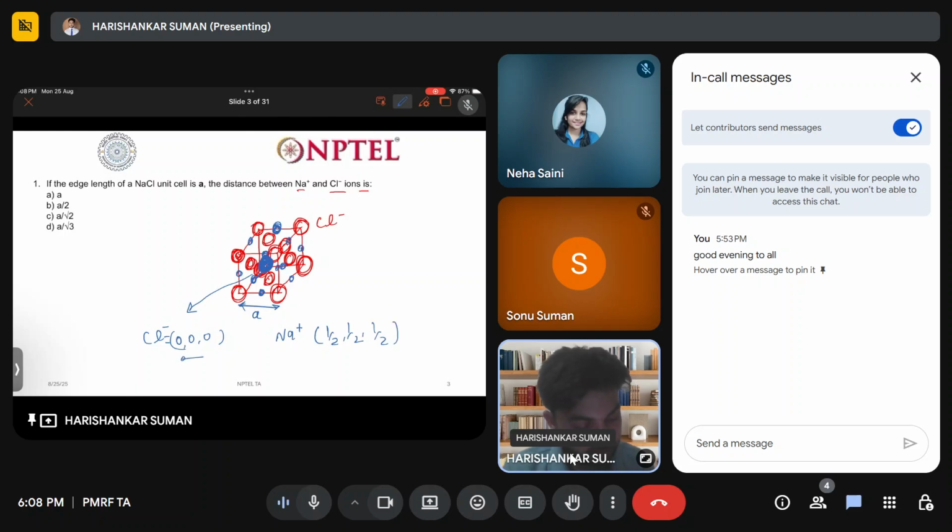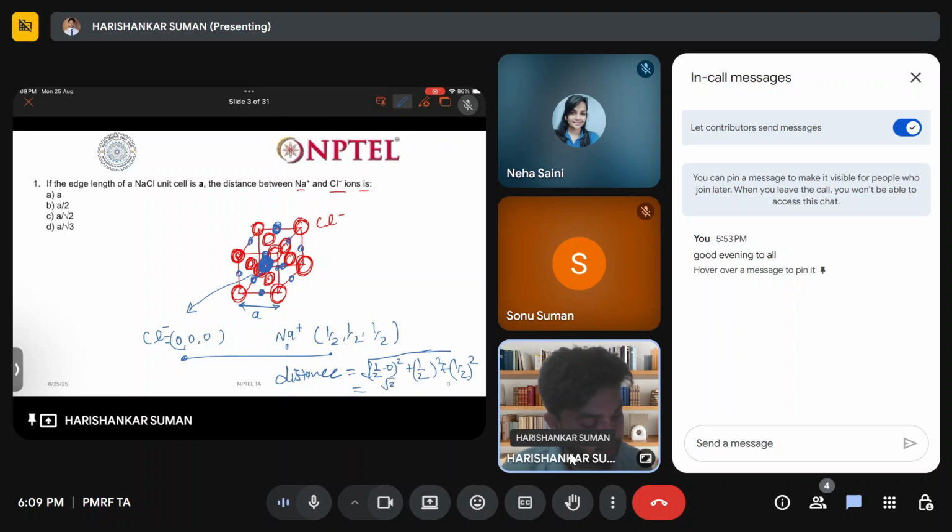So you can now find the distance between these atoms. Apply the distance formula: distance equals the square root of half minus 0 whole square, half square, and half square.